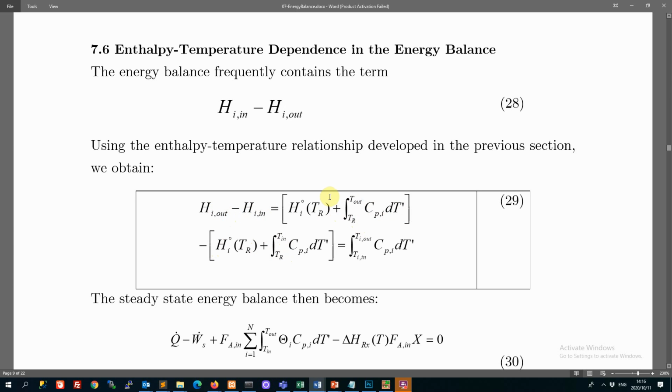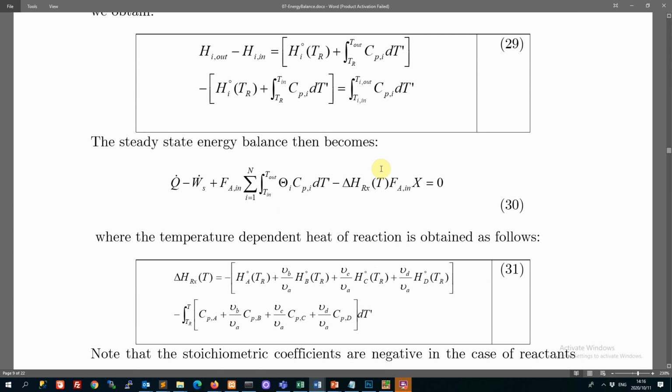You can see the reference temperature terms are going to cancel, right? There's a minus there, so when you add those together, that vanishes. Combining the two, you get the single integral from T in to T out of our heat capacity. Okay, so that's a nice simplification that we can use.